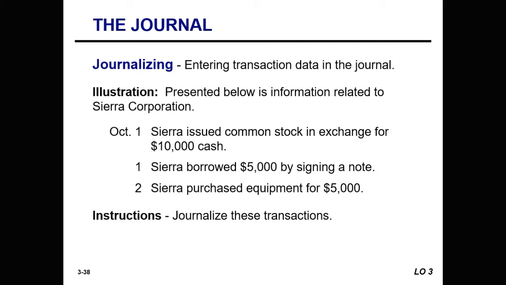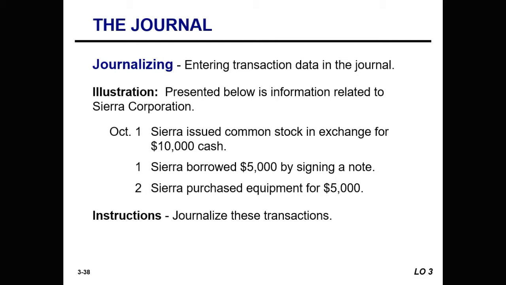And here we have some information going back to our friend Sierra Corporation. So we're going to look at this October 1st entry where Sierra issued common stock in exchange for $10,000 worth of cash. Your books show a really good representation of a general journal.